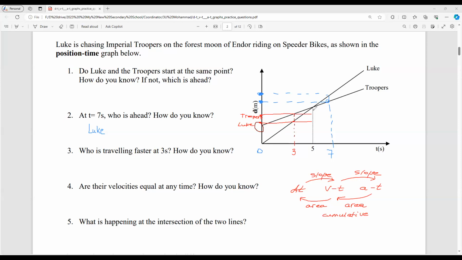So who has the steeper line? Luke, right? The angle is basically the slope. So the slope for Luke is bigger than the slope for trooper. So Luke is faster. So the slope of the DT graph represents speed.